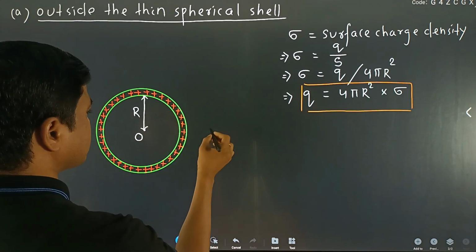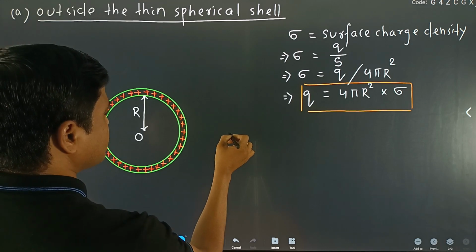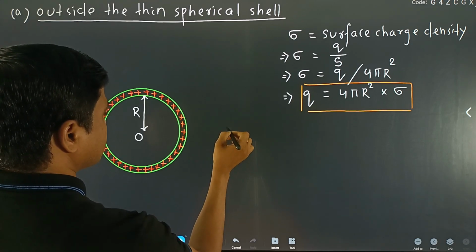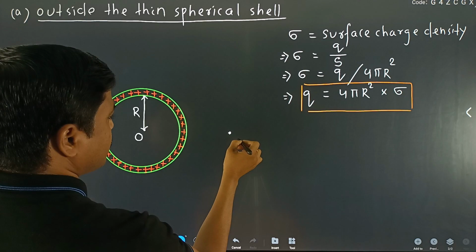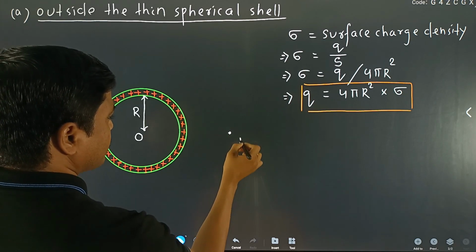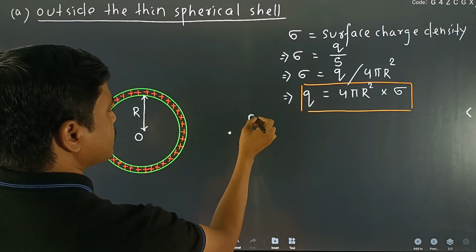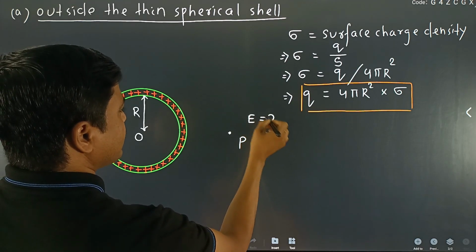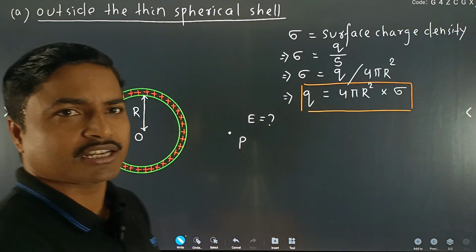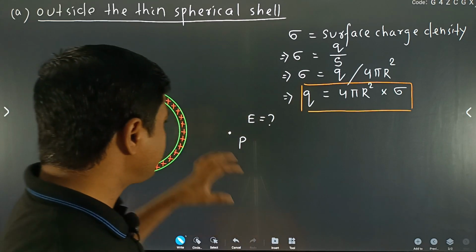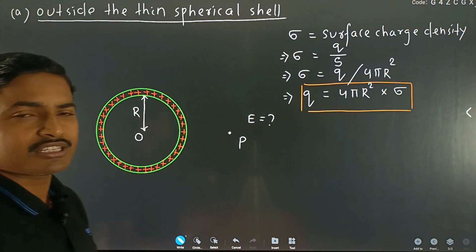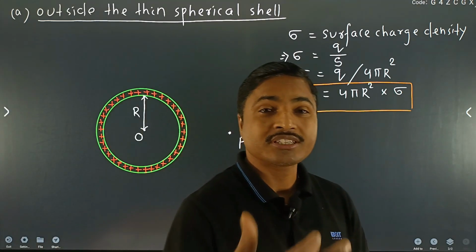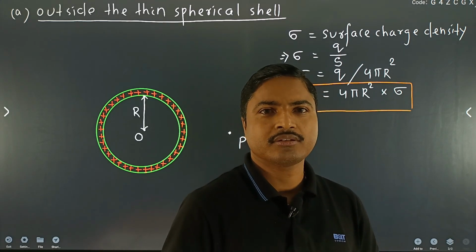And here, suppose this is the observation point, we write that point as P, and at point P we will calculate the magnitude and direction of the electric field. For that, first we draw a Gaussian surface. Gaussian surface means a closed surface.